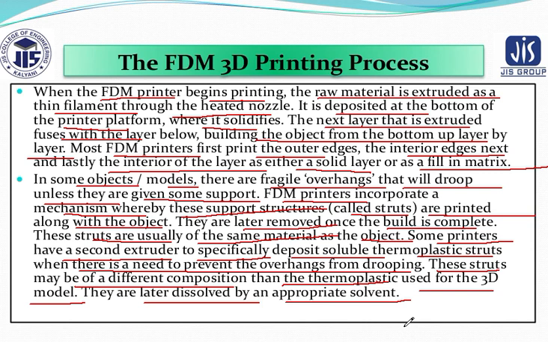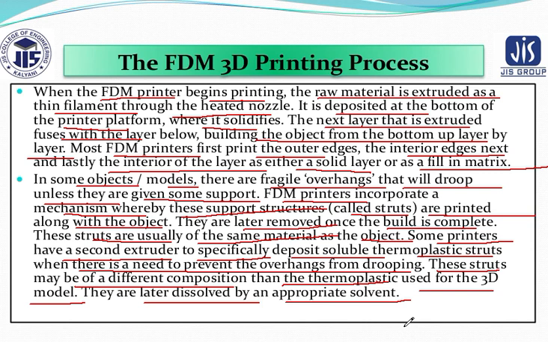Next, the object is built from the bottom up, layer by layer. And finally, the outer edge is done, then the interior edge next to the last. It can be done by a solid layer, or it can be filled up with a matrix.